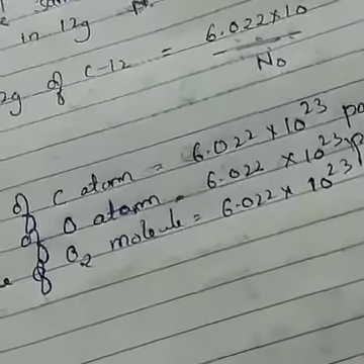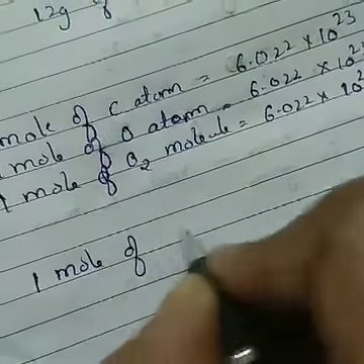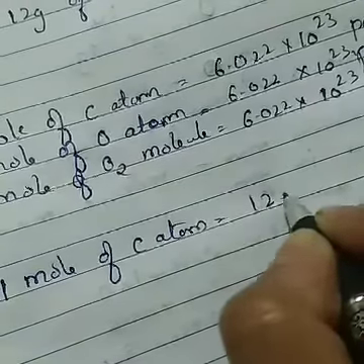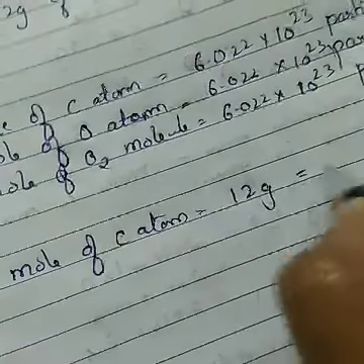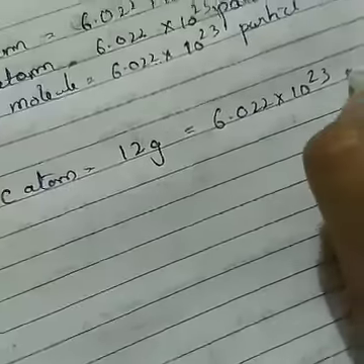Means 1 mole of carbon atom is equal to 12 grams, which is 6.022 into 10 to the power 23 particles.